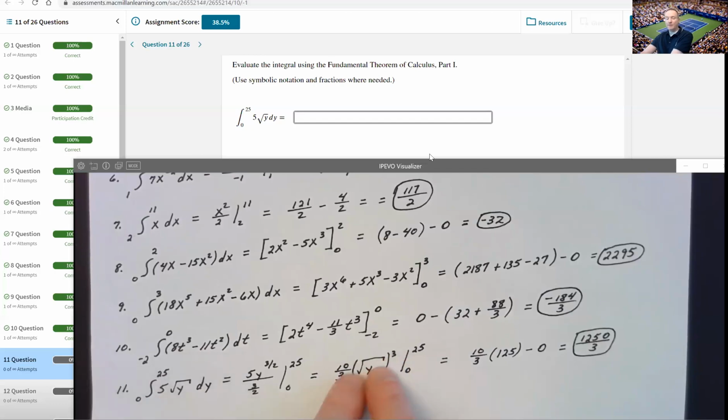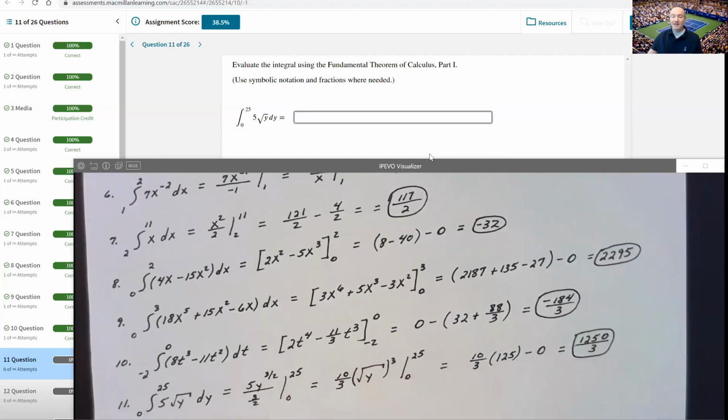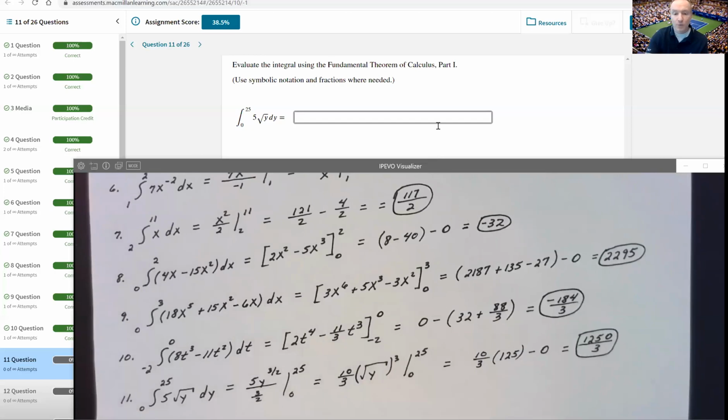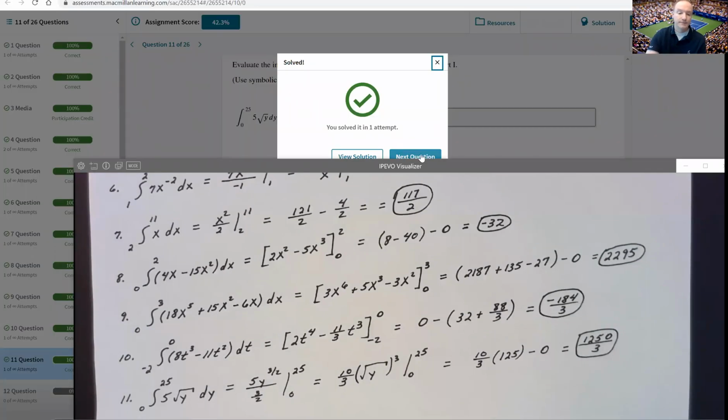When I evaluate, square root of 25 is 5, 5 cubed is 125. I'll have 125 times 10/3. My lower limit is just going to be 0 because when you plug a 0 into that, the 10/3 times 0 is 0. I'll get 10/3 times 125, or 1,250 over 3. When we check that answer, it is correct.